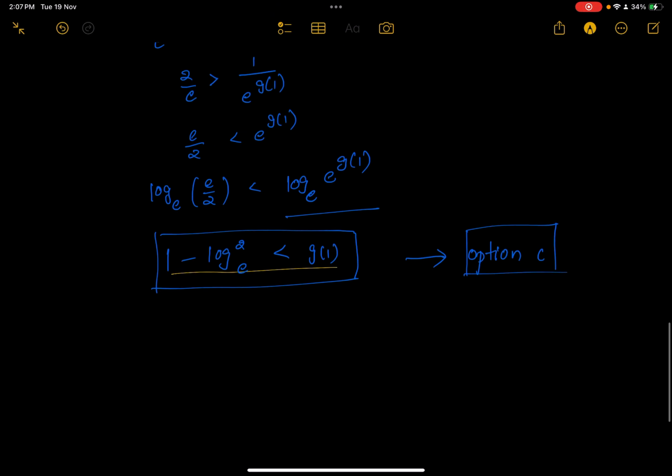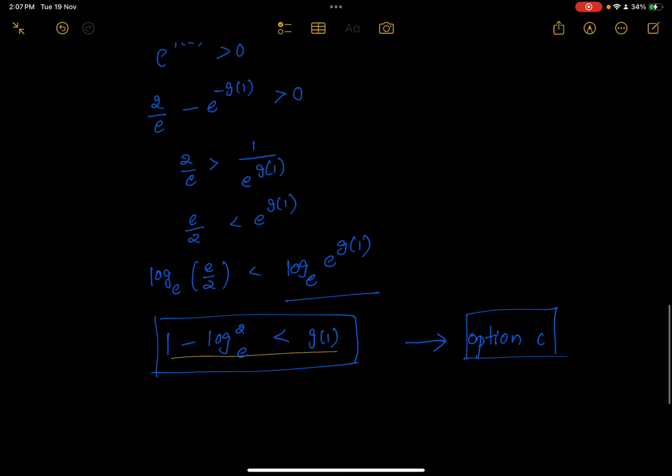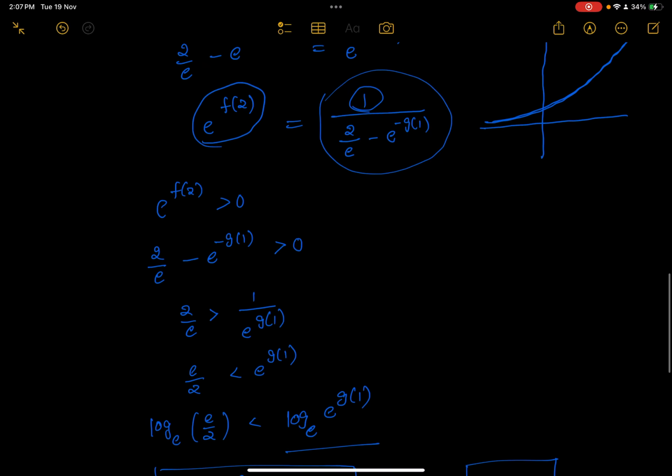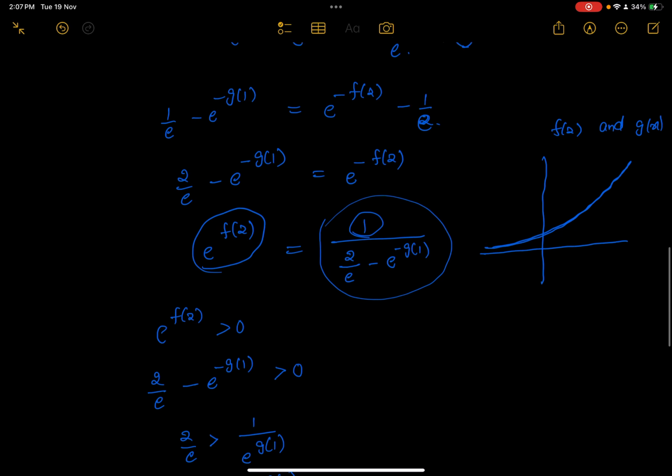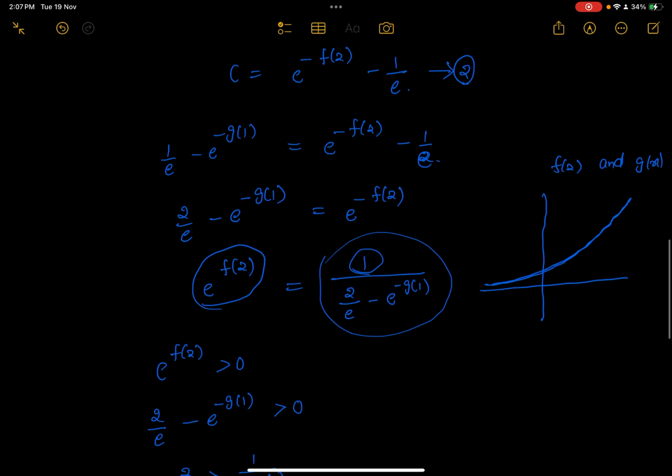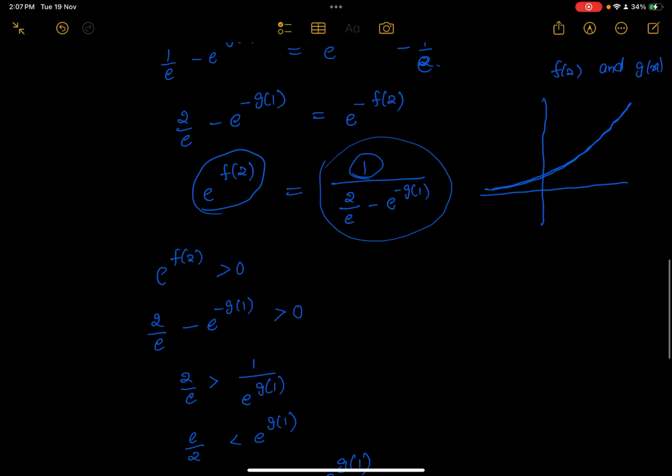Now we have to comment on f of 2. So let us go back to this equation.